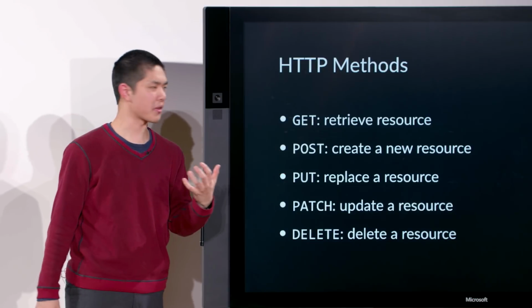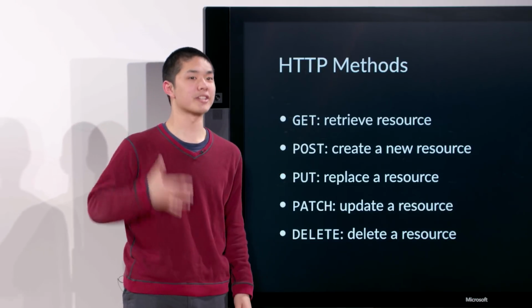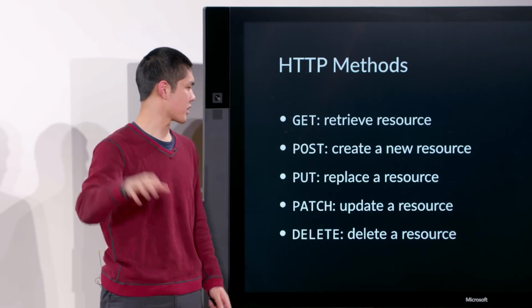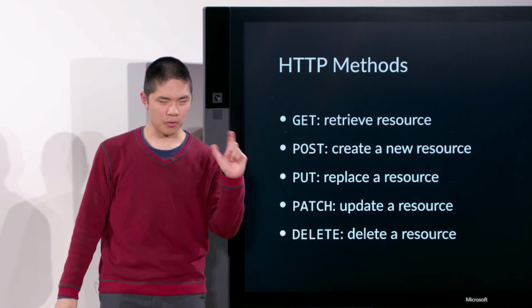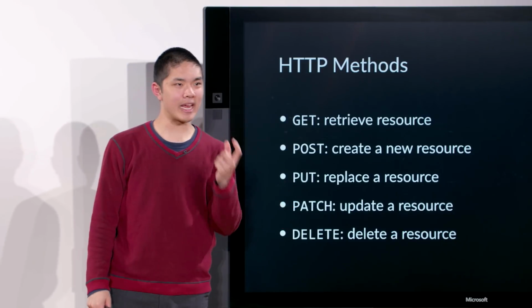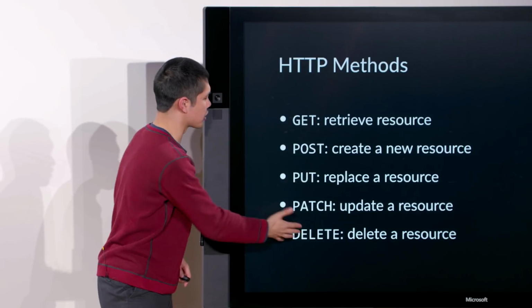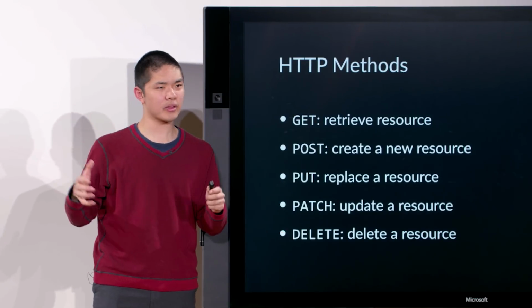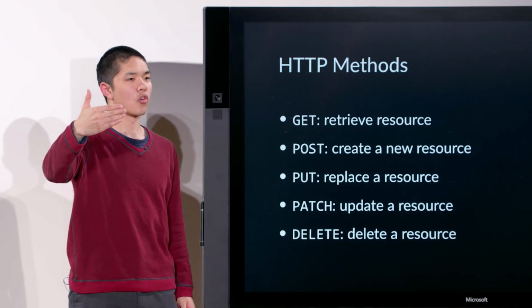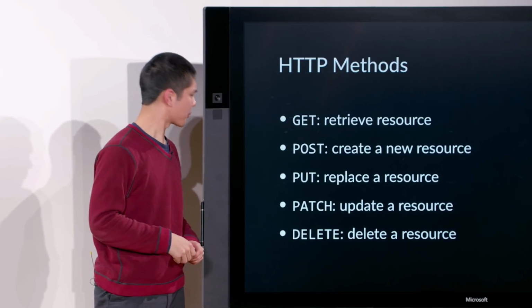POST is typically the request method we use when we want to create a new resource, register for a new flight, create a new passenger. PUT is generally if we want to replace a resource, PATCH for updating an existing resource, and DELETE for deleting a resource. And these are all just different HTTP request methods, different ways of making requests to some web server.